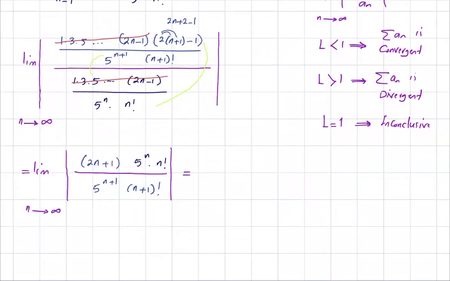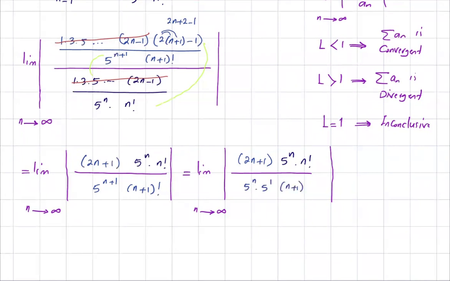So this becomes the limit of the absolute value. Up there we have 2n plus 1 times 5 to the n times n factorial. And down here, you can break these down into smaller pieces. You have 5 to the power n times 5 to the power 1, and (n plus 1) factorial is (n plus 1) times n factorial.